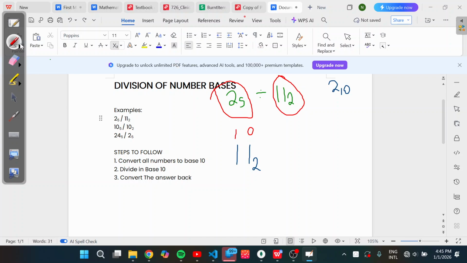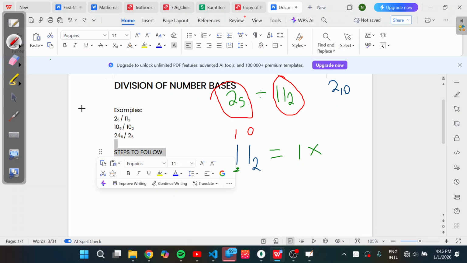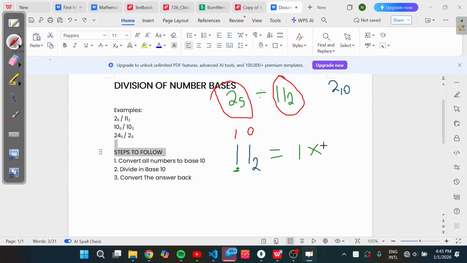So now how are we going to solve it? We're going to start from here, this first number 1, this one. We're going to say 1 times 2, to the power of what? 1.